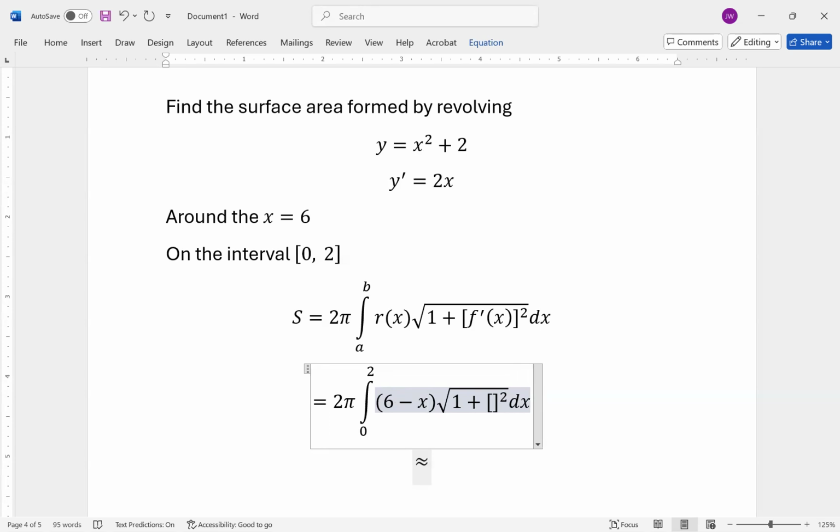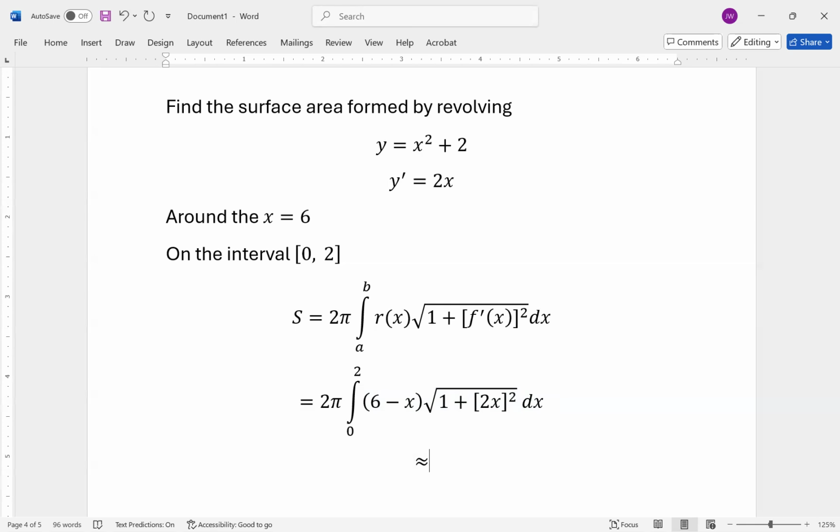It's the same thing as the radius on the shell method. So it's from 6 down to an arbitrary x value. The derivative of my function with respect to x is 2x. And now I am ready to plug that into my calculator and figure out what that is.